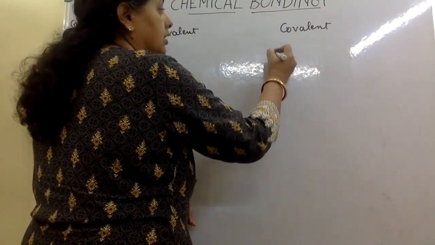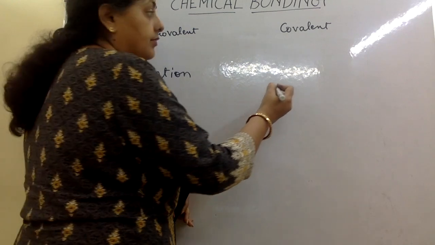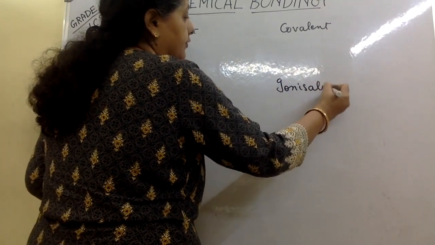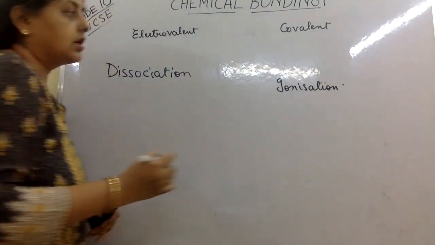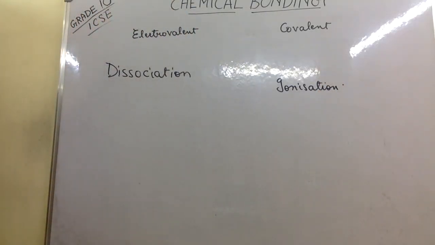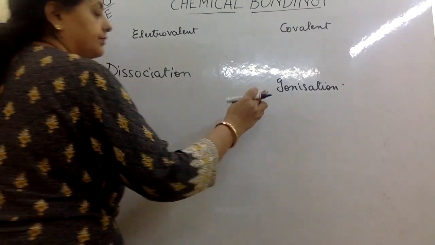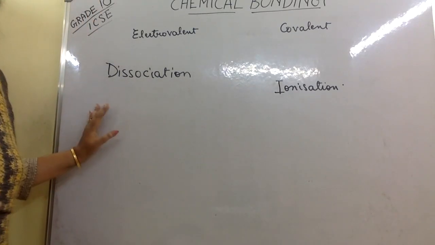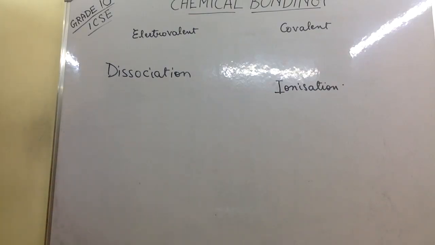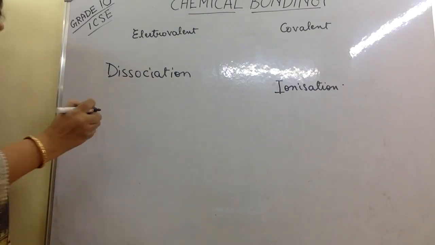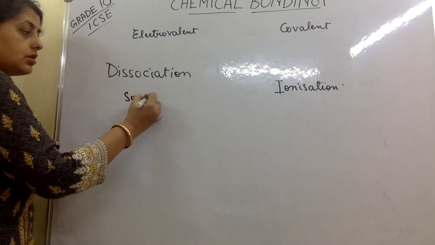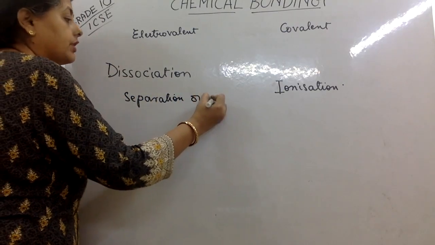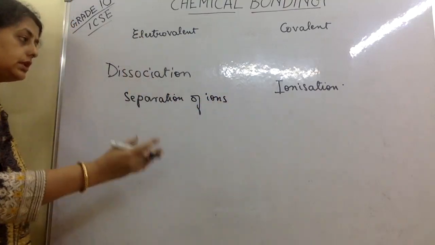Now, what is the difference between dissociation and ionization? Dissociation means separation of ions, whatever way you are passing electricity, it gets separated.